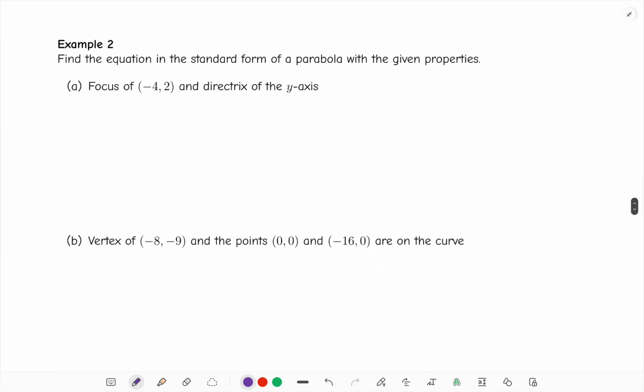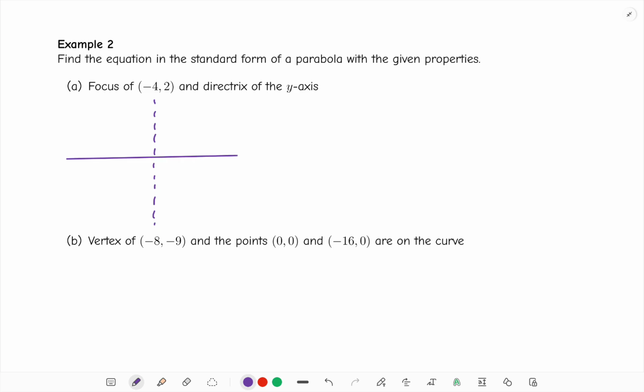Example 2, find the equation in the standard form of a parabola with the given properties. When I'm given the properties instead of the graph of it, I actually do just sketch a graph of it. So I know the y-axis is my directrix. So draw my directrix.